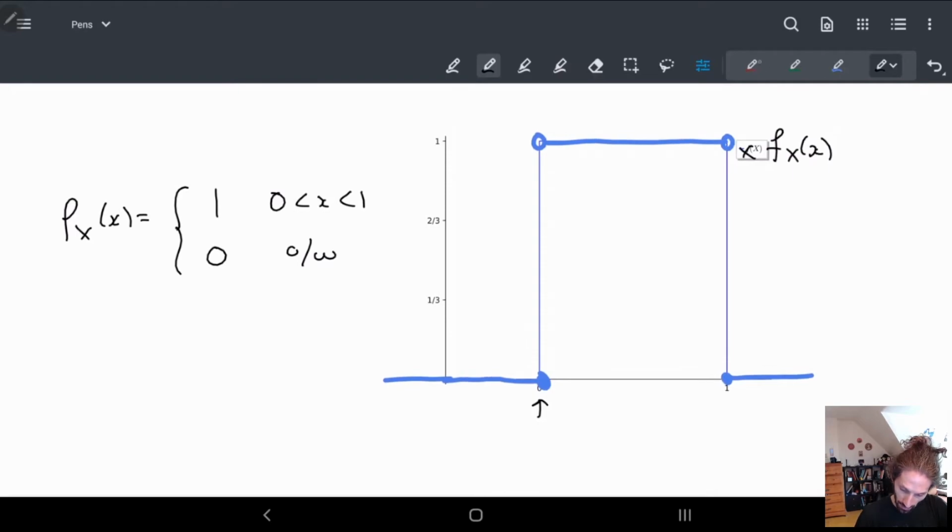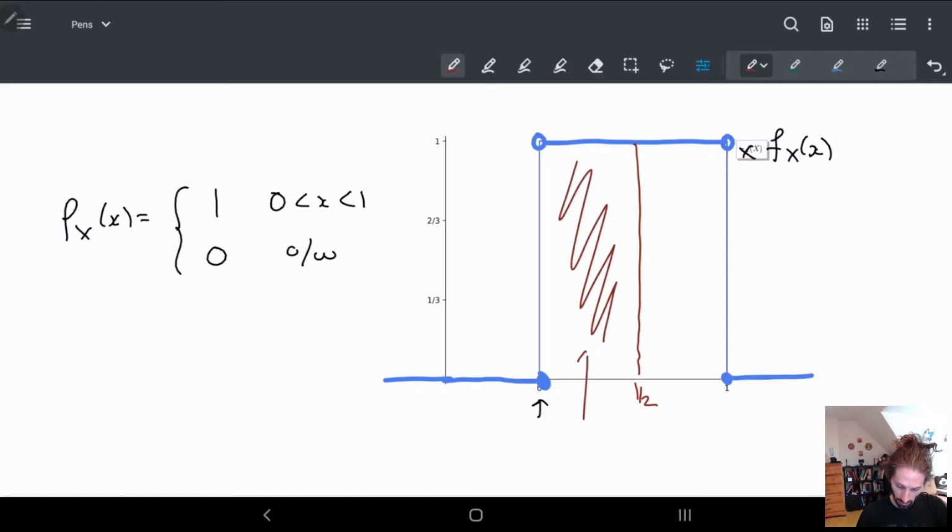And then let's look at a tiny little mini example. So if I have 1/2, for example, what's the area of everything up to 1/2? Well, it's basically just this thing, right? So the area is equal to 1/2. So everything less than or equal to x, which is P(X less than or equal to 1/2).